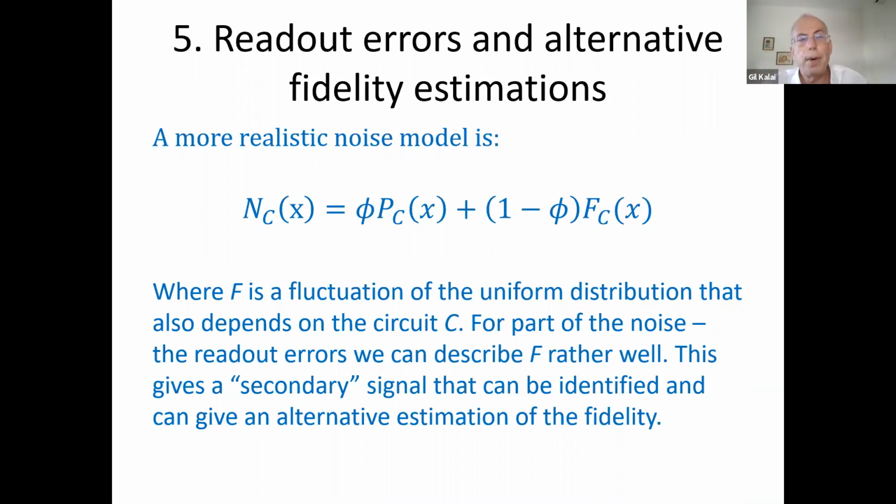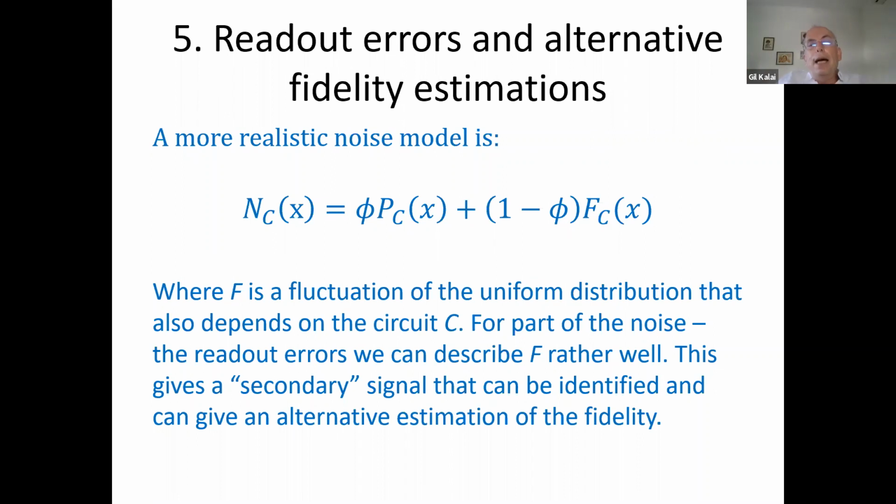Okay, so now I want to talk about another aspect of the Google experiment, and this is a more realistic view of the noisy distribution. I think a more realistic noise model is that the noisy distribution can be seen as a mixture between the ideal distribution and some fluctuation of the uniform distribution.